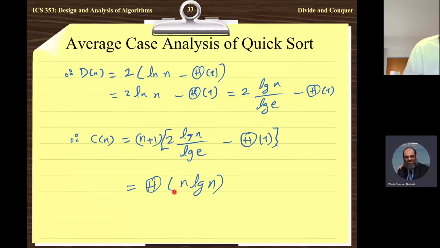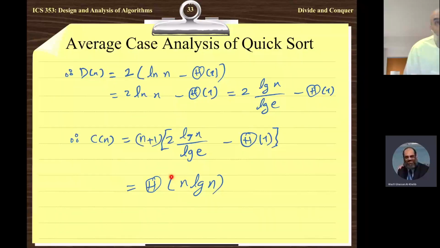And the good news is that the multiplicative constant behind the n log n is actually small. It's not that big. By the way, this is unlike the selection algorithm, where the multiplicative constant behind the n is actually a little bit large.